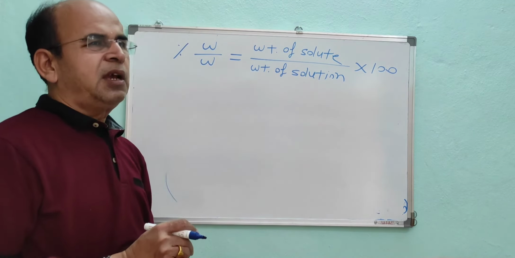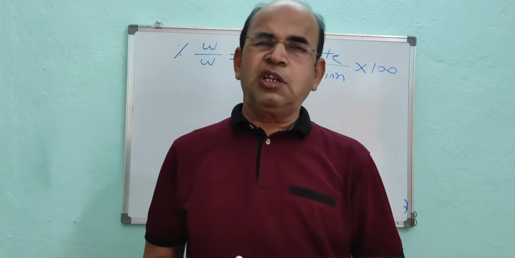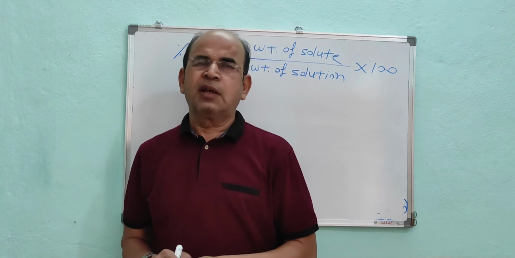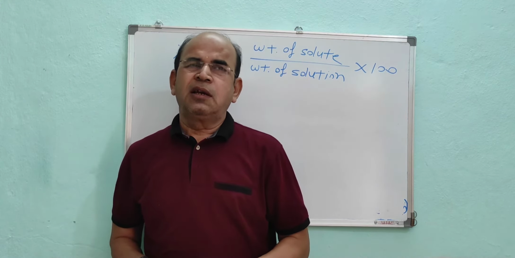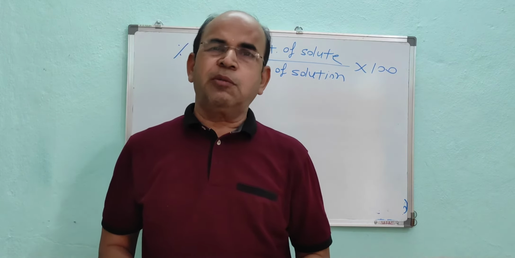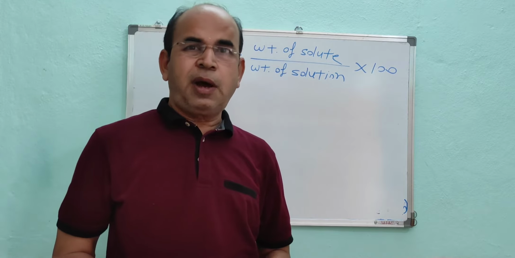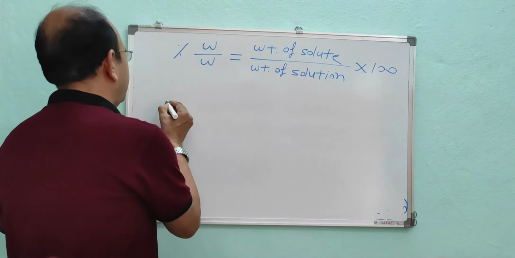Now in some cases, the concentration of the solution is very low. When the concentration of the solution is very low, then it is expressed in the unit parts per million, ppm.